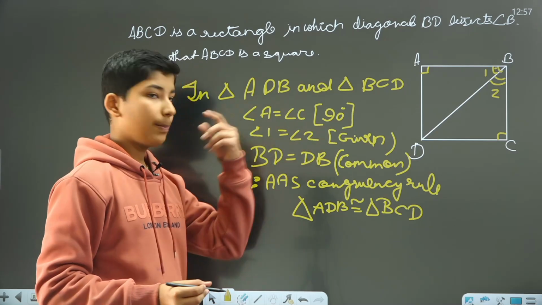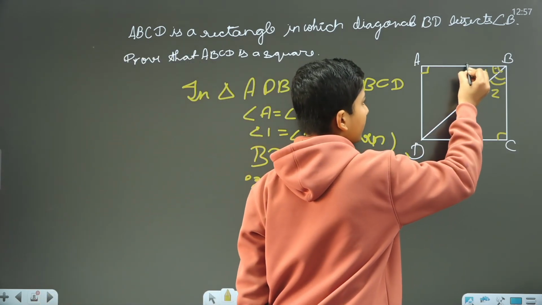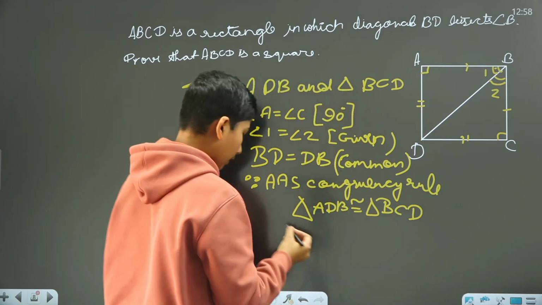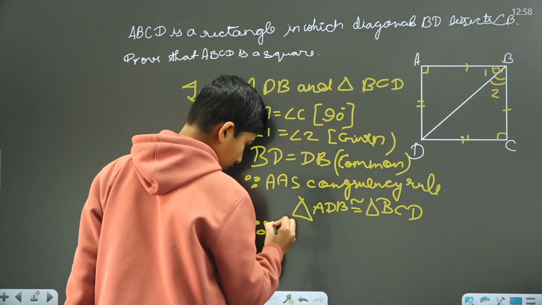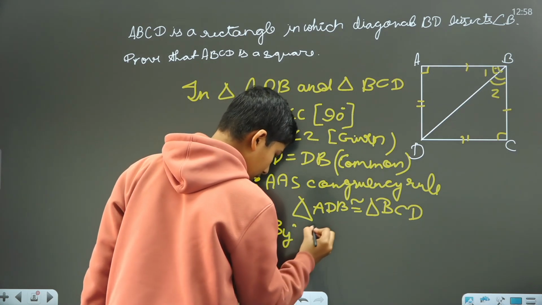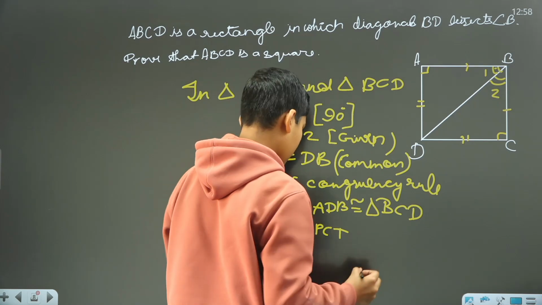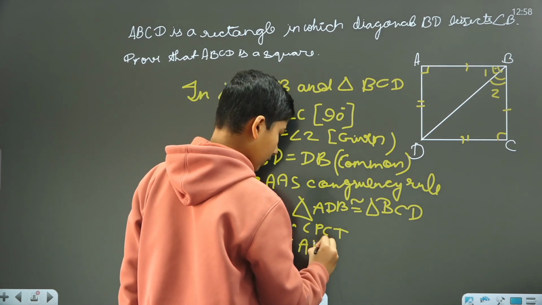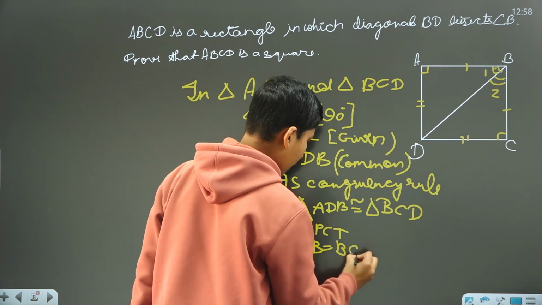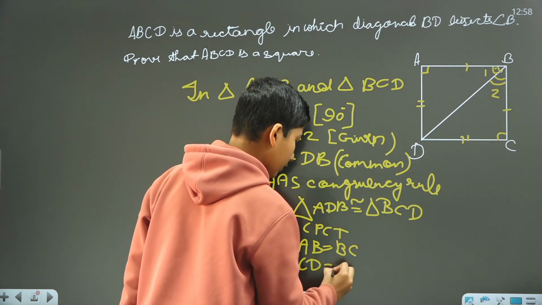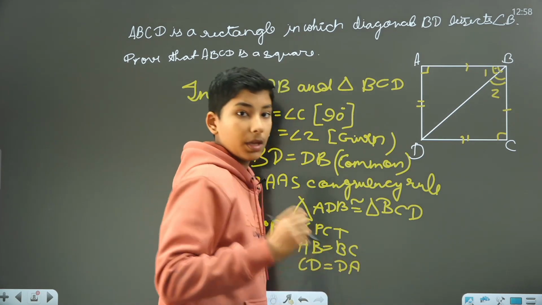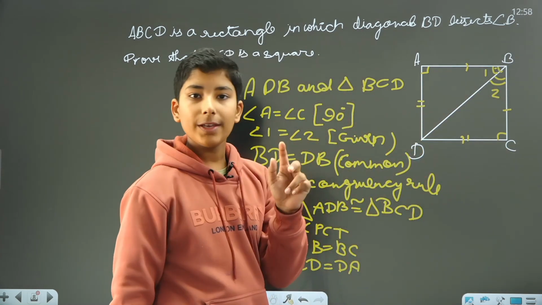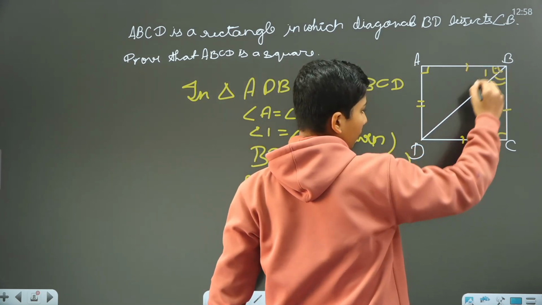Now again by CPCT we can write that this side equal to this side and this side equal to this side. Therefore by CPCT, AB equal to BC and CD equal to DA. Now this equal to this equal to this, and we know in a rectangle these opposite sides are equal.